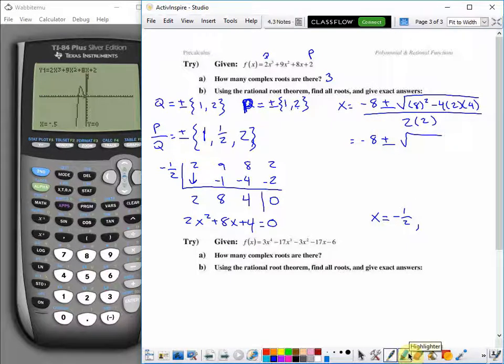Okay, so 8 squared minus 4 times 2 times 4. So that's 64 minus 8 times 4 is 32.